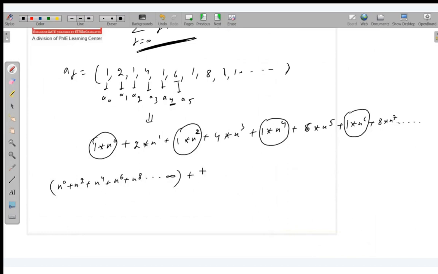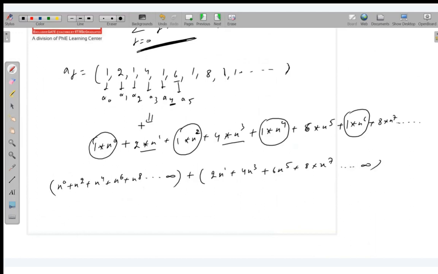One part is this, then plus, you take the others: 2 into x power 1 plus 4 into x cube plus 6 into x power 5 plus 8 into x power 7 and so on up to infinity. I am simply dividing them: even terms are different and odd terms are different.